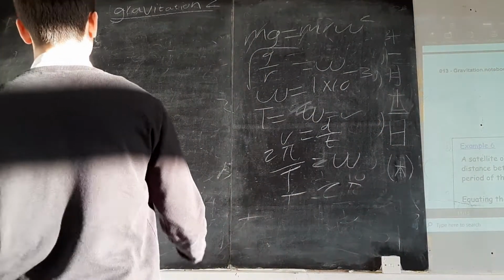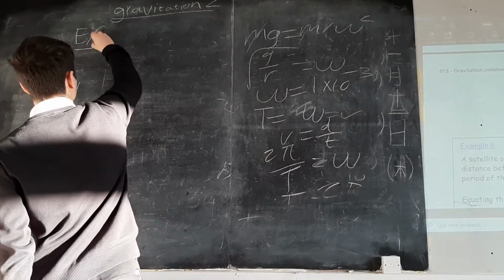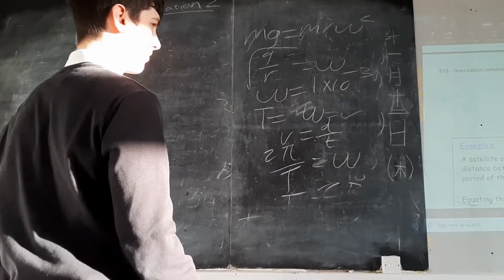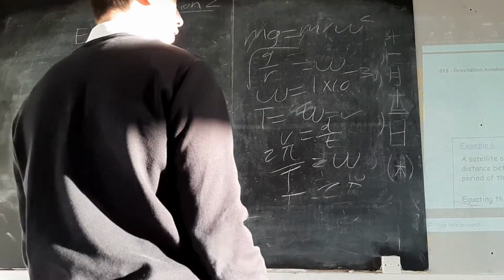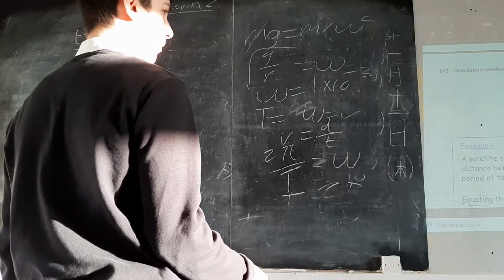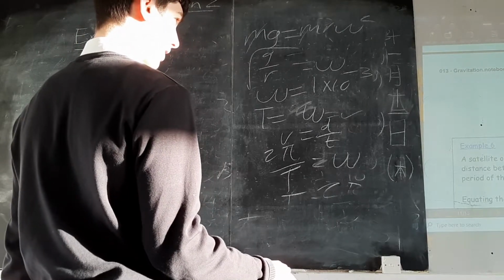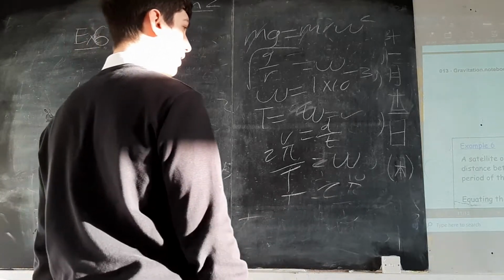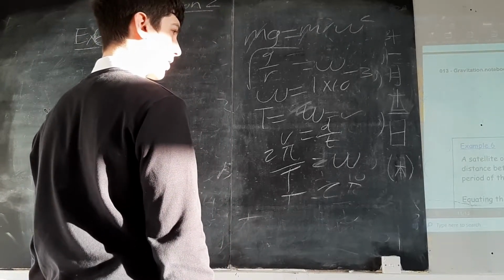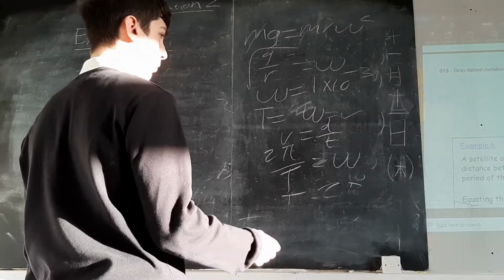Okay, example 6 now. What's example 6 then? Example 6 is a satellite orbiting a primary mass M with a center. R is the distance between the satellite and the primary, and the orbital period of it.